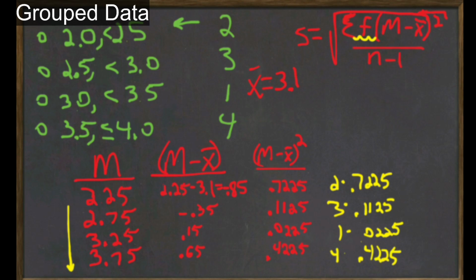Okay, so we sum those up, and so we get 0.5, and that is going to be the numerator that we've calculated before. And then lastly, all we need to do is take the average of those.